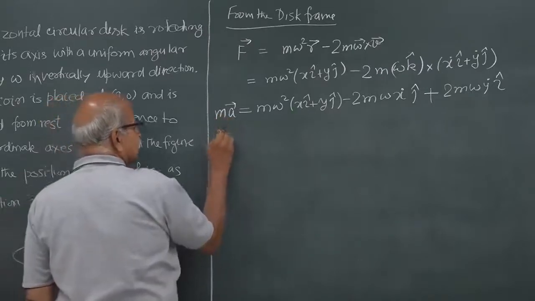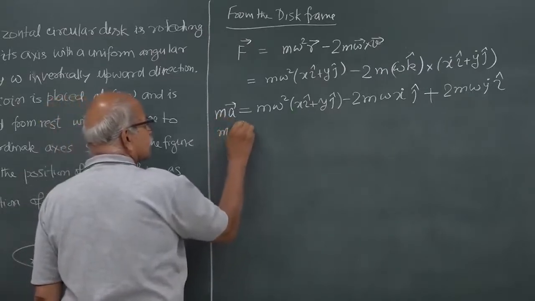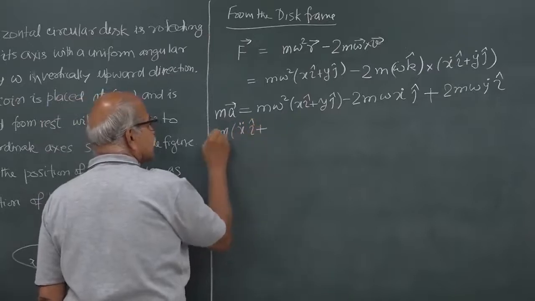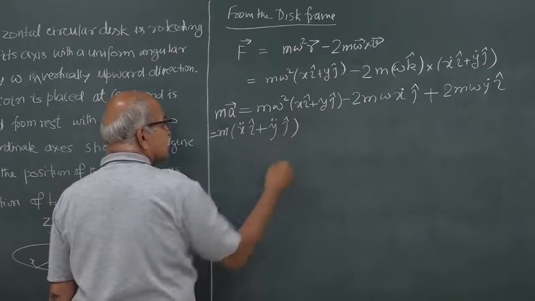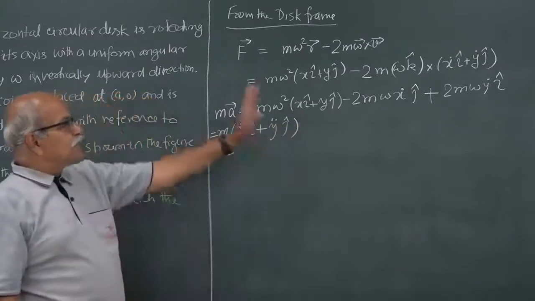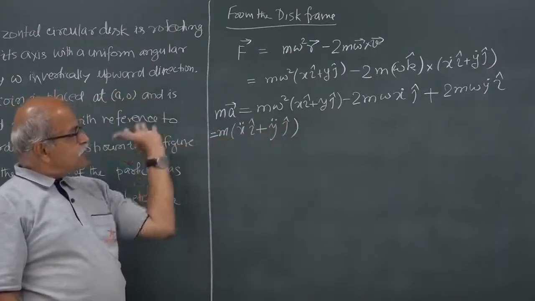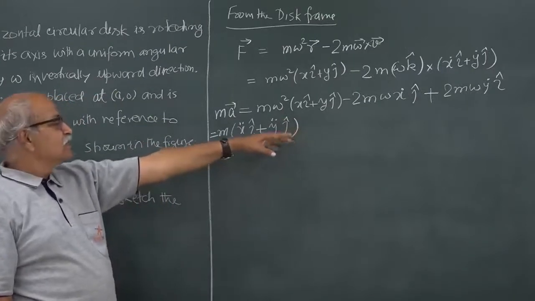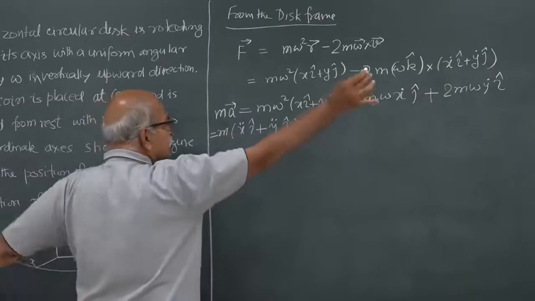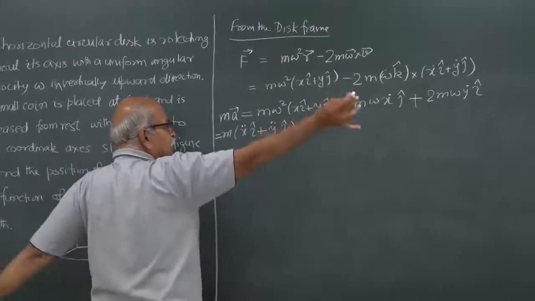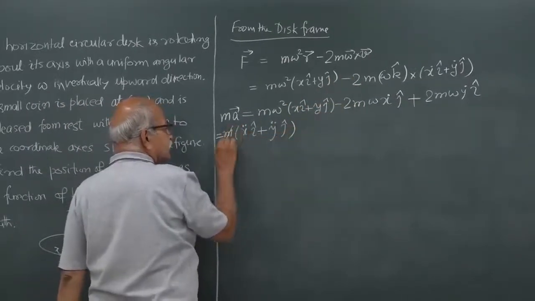Let us write the x component from both sides and the y component from both sides. So, you will have two equations. What are those? m cancels out from everywhere, so I am not writing m.